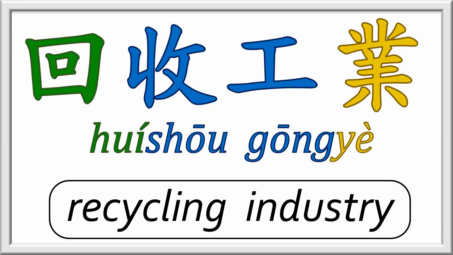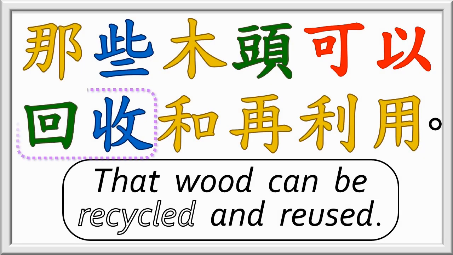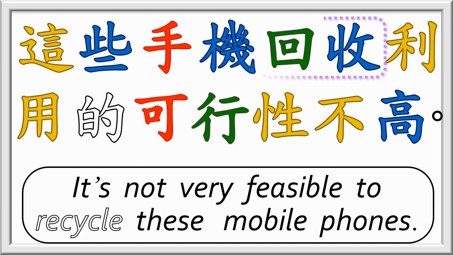If 收回 means to get something back, switching the characters around and saying 回收 gives us the term for recycling. 回收工业 the recycling industry. 那些木头可以回收和再利用 That wood can be recycled and reused. 这些手机回收利用的可行性不高 It's not very feasible to recycle these mobile phones.